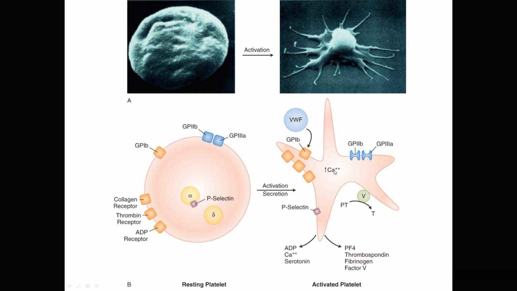The activation, in addition to the conformational change in the membrane, results in activation of the complex glycoprotein 2b, 3a, activation of some coagulation factors such as coagulation factor 5, converting the prothrombin to thrombin, expression of active receptors binding to the von Willebrand factor, the glycoprotein 1b, and release of adenosine diphosphate, serotonin, and also platelet factor 4. This is an important coagulation factor.